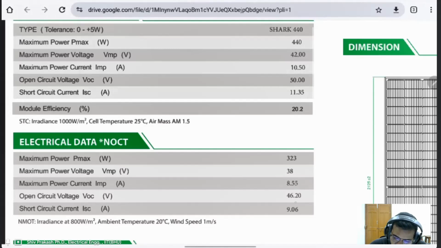Open circuit voltage is 46 volt, so it does not decrease too much from 50 volt.